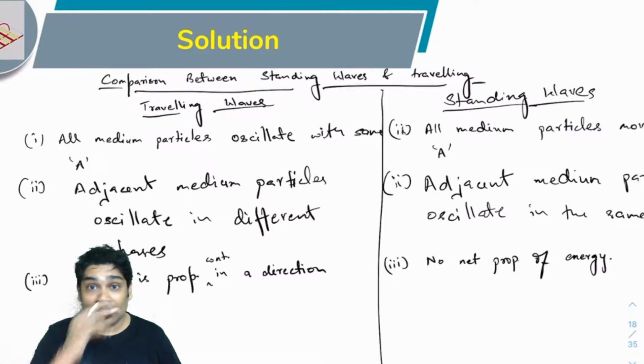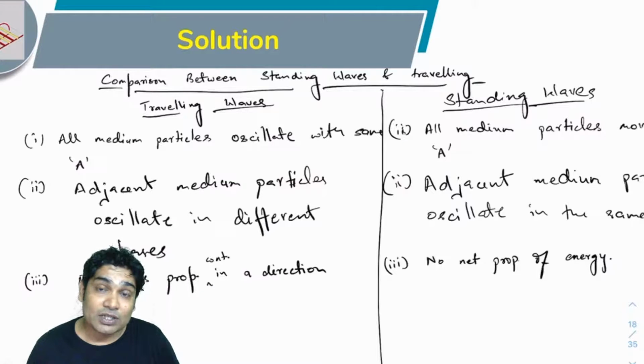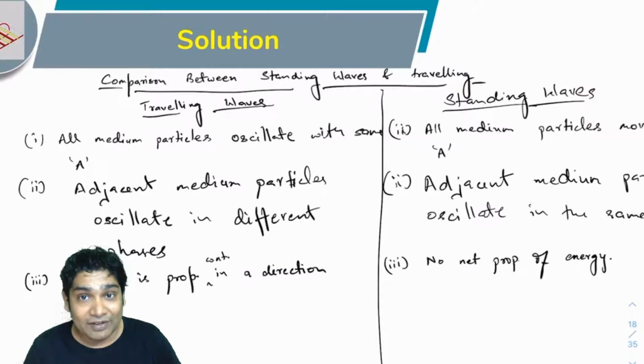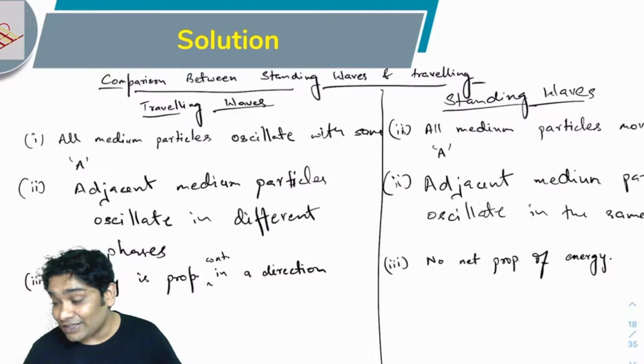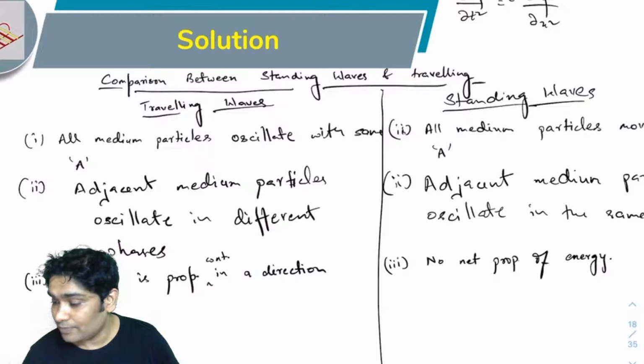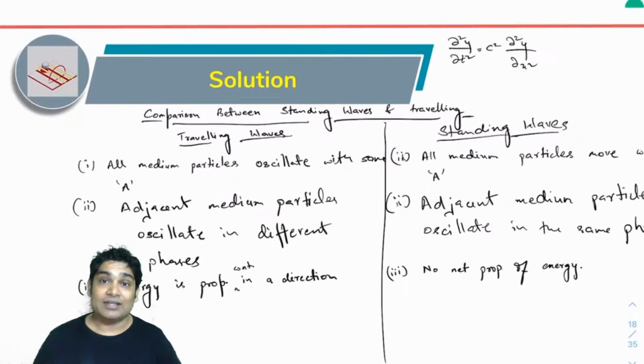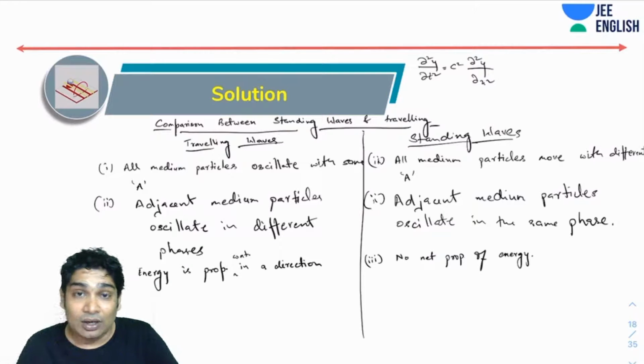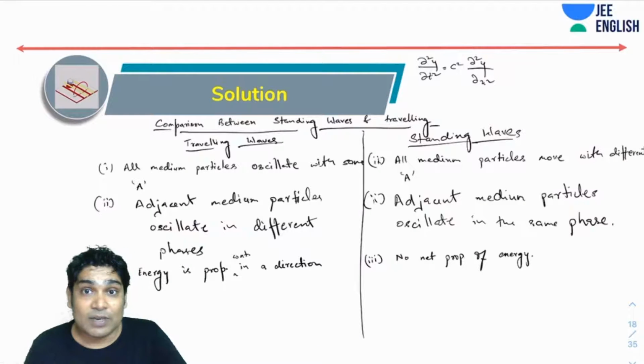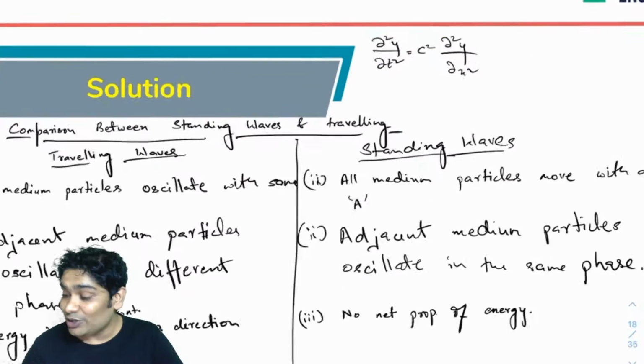Okay. Next, both these equations, equations which are representing traveling waves and equations which are representing standing waves, both of them satisfy this differential equation. You can check it, it is followed by both. So we had earlier said that f of ax plus minus bt is only one family of solutions of this differential equation.